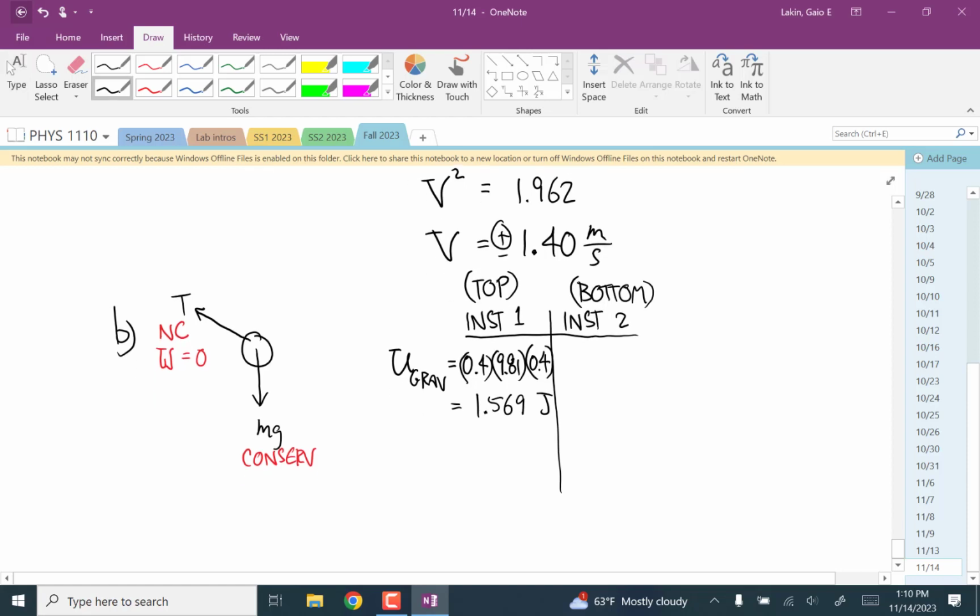And now at the top of the circular path, the kinetic energy is 1/2 times the mass of 0.4 times the speed of 1.4 squared. And so that is 0.2 times 1.962, so I think that is 0.3924 joules.